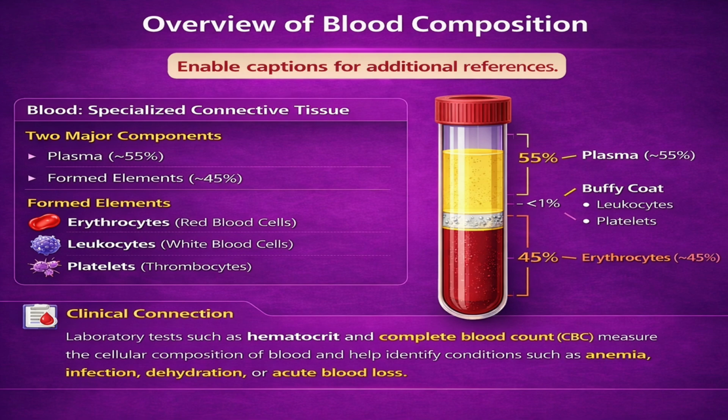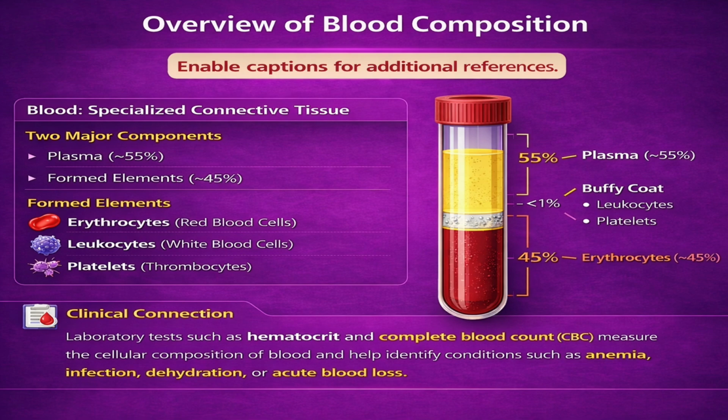Understanding the basic division between plasma and formed elements provides the structural framework for the remainder of this chapter. Each component contributes uniquely to essential functions of blood, including transport, immune protection, and hemostatic balance.